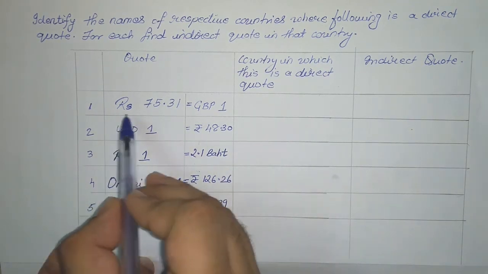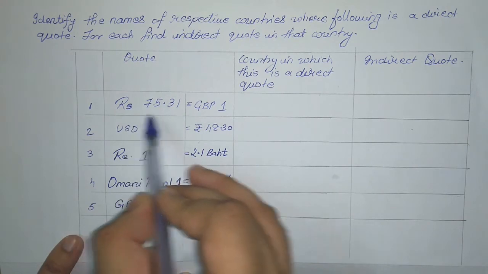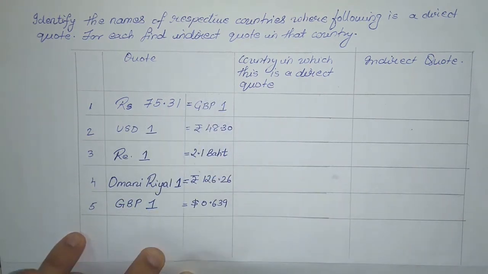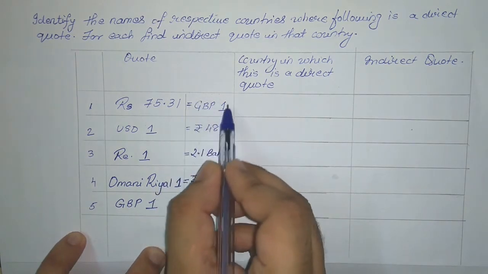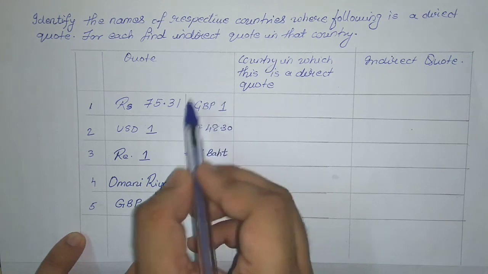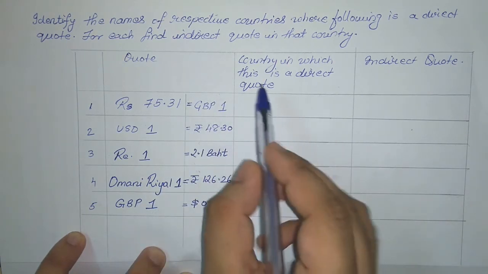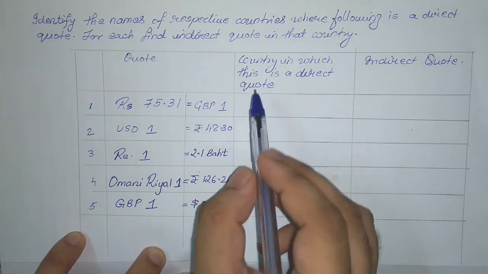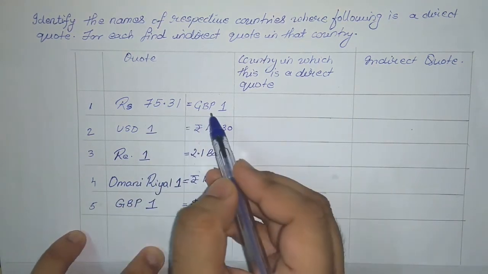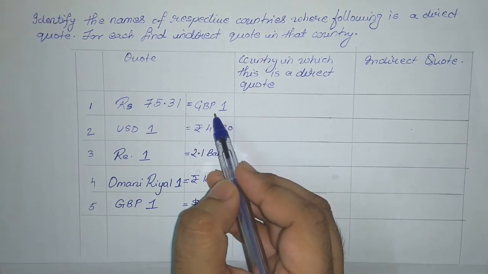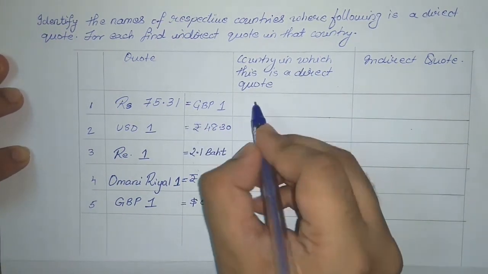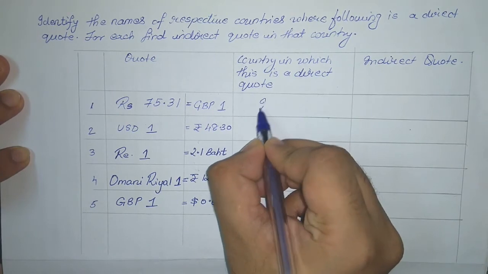In this first problem, 1 unit of Great Britain pound has been given to us, so this is your base currency. The currency opposite to the base currency will be the country in which it is a direct quote. So 1 Great Britain pound is equal to 75.31 rupees is a direct quote for India.